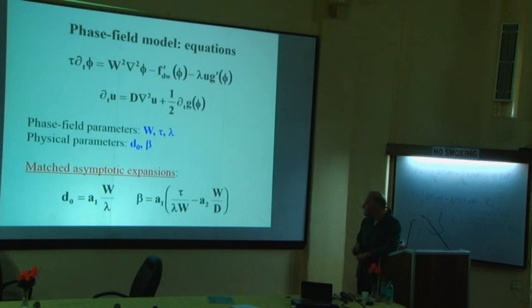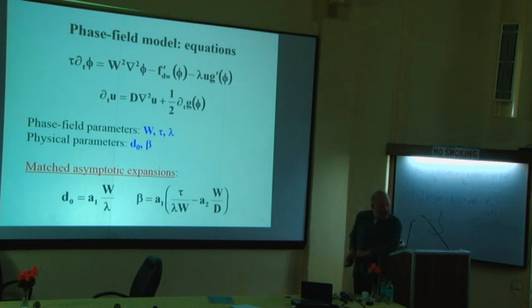Why is that? Because you see, you have two terms of opposite sign. So if you choose your model parameters right, you can arrange them such that this is 0. So you have a 0 kinetic coefficient, which means that you have like an infinite interface mobility.